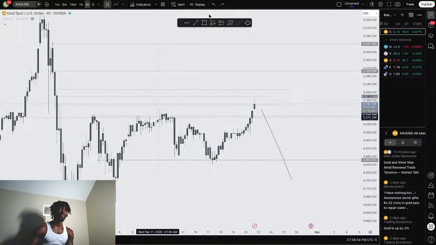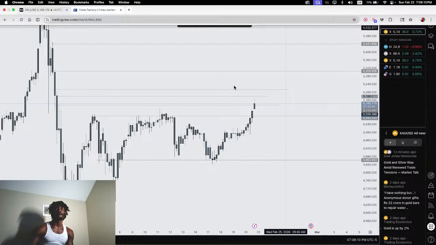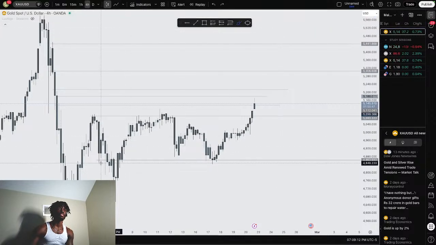But if price consolidated market wise, because there's 5 days in a market, so 4 weeks, that's 4 trading weeks the market has consolidated.